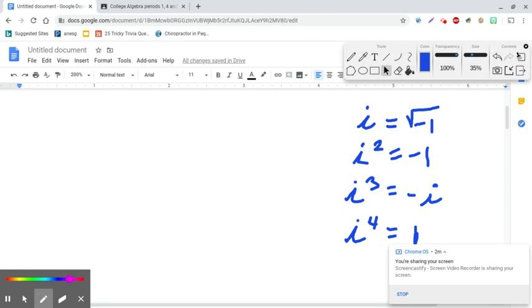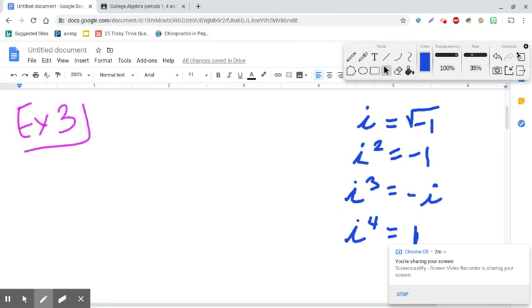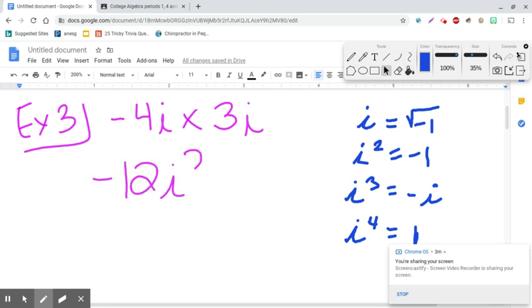Example 3. All right, let's go with -4i times 3i. Okay, what is -4 times +3? We get -12. i times i is i squared.